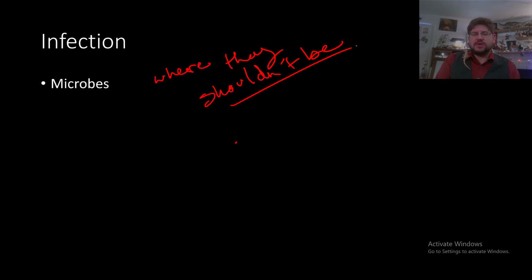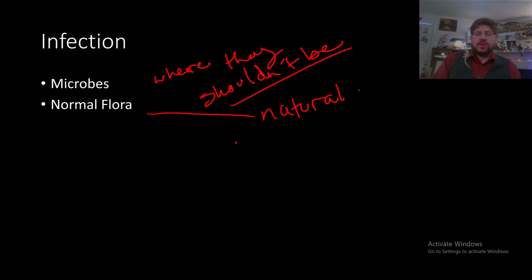And we can contrast this with the normal flora, which are the microbial population that are a natural part of your body. I've mentioned this, for you it will be literally seconds ago, but for me it was hours upon hours ago, so I'm just reviewing it again. It is a natural part of your body's ecosystem.